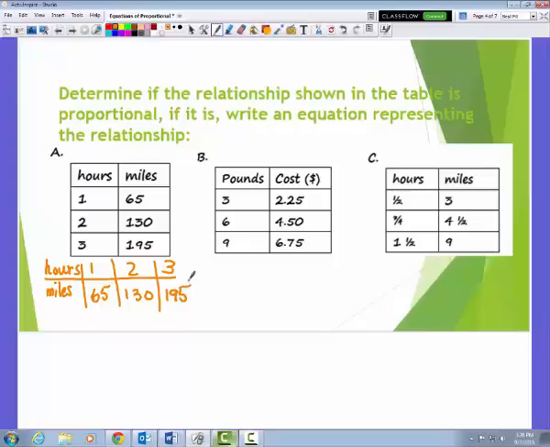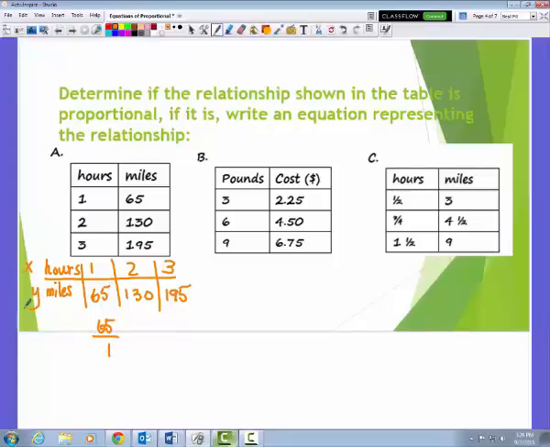All right. So what we actually want here is an equation that represents this. Now I'm going to tell you right now, they're all proportional. Well, they might not all be proportional. We need to check to see if they're proportional. And the way we do that is this. We compare the y values and the x values. So 65 to 1, x, y.